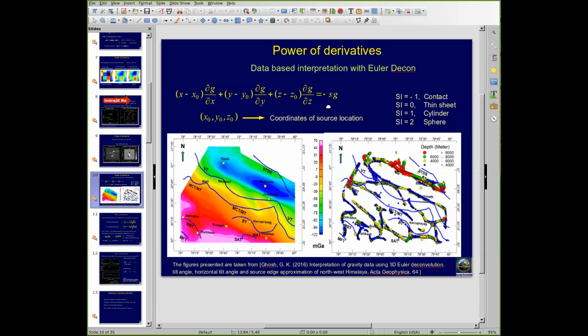Normally the structural index values of -1, 0, 1, 2 are different for contacts, dikes, cylinders, etc. So if we put the structural index there and use 3D Euler deconvolution, we can generate the map. Here the left-hand side is a Bouguer gravity map, and Euler deconvolution gives the depth distribution of the sources on the right-hand side.